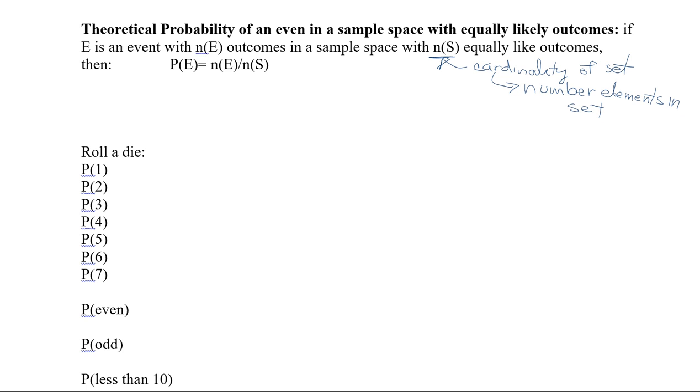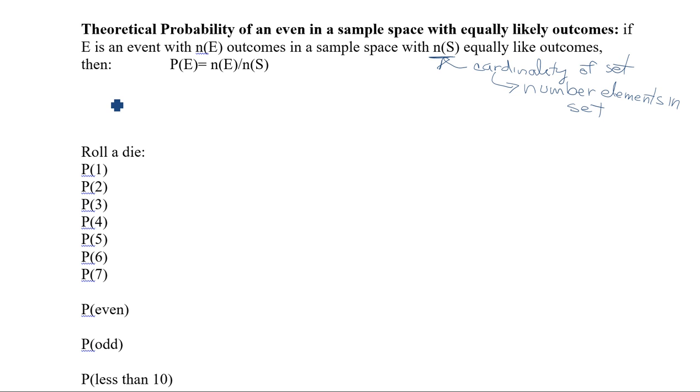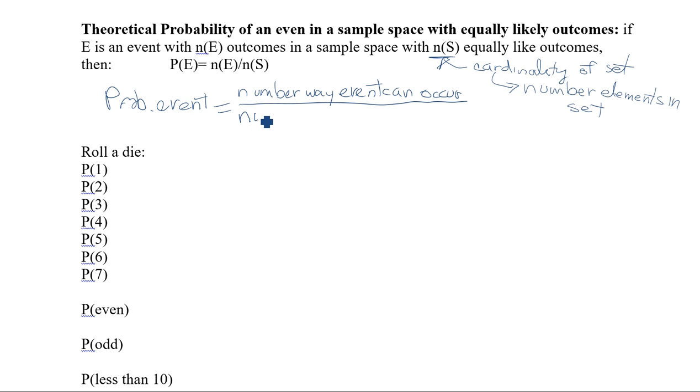And so what we're saying here is that the probability of an event is equal to the number of ways the event can occur over the number of outcomes in the sample space.